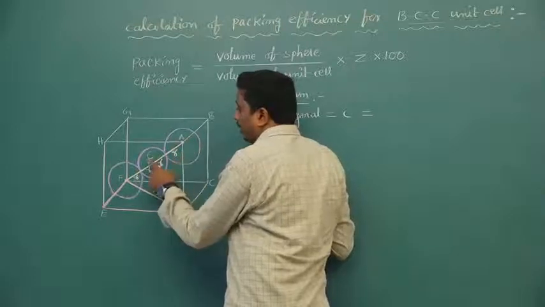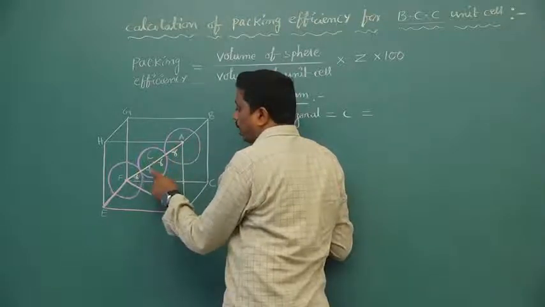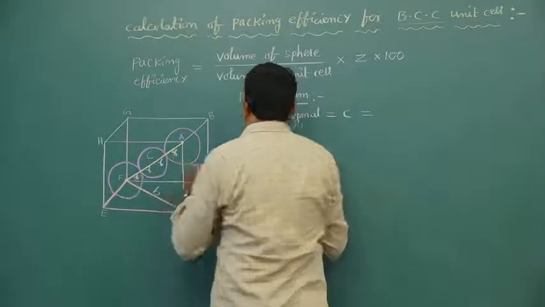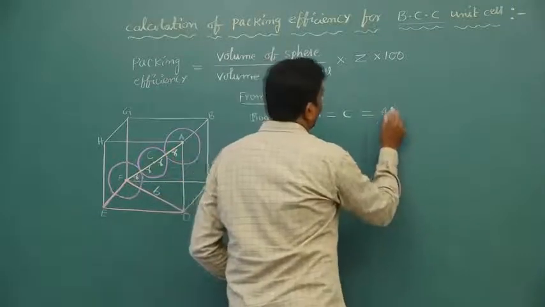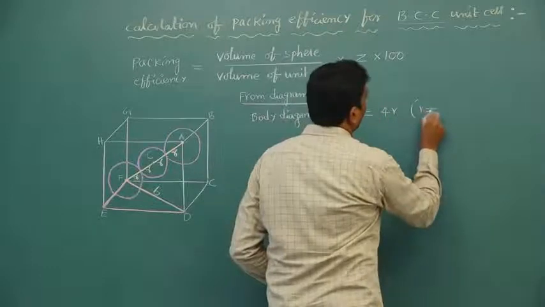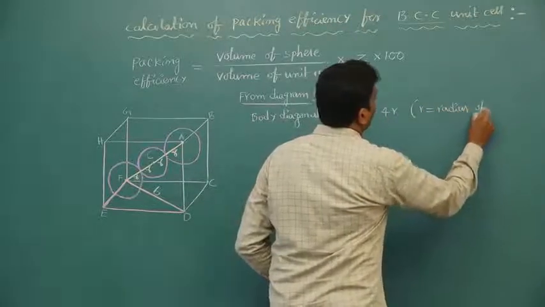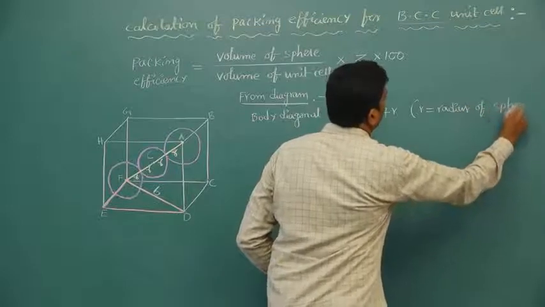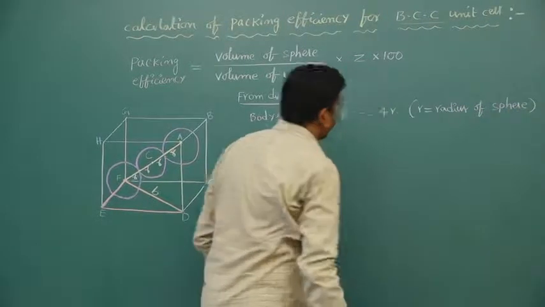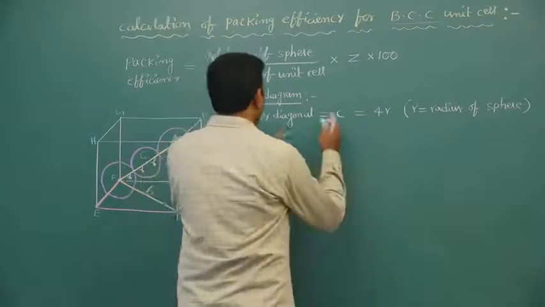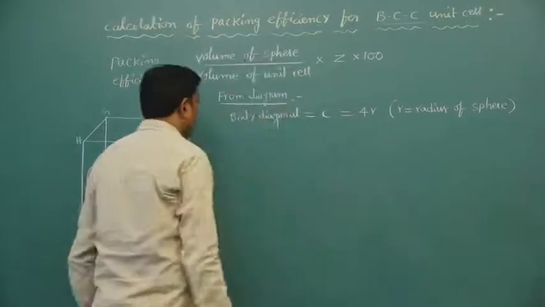So body diagonal C is equal to R plus R plus R plus R, that is 4R, where R is the radius of the sphere. So C equals 4R, that is the body diagonal.